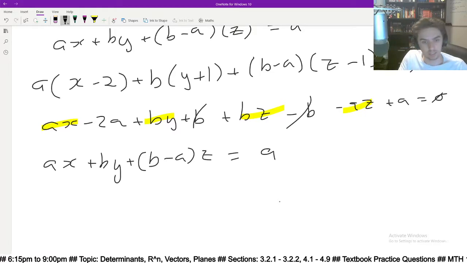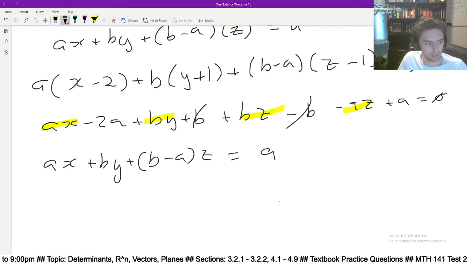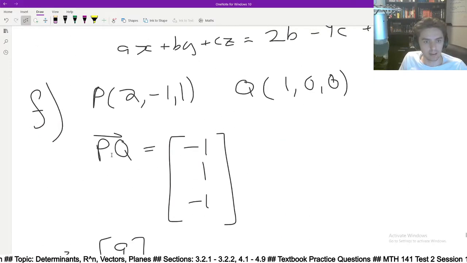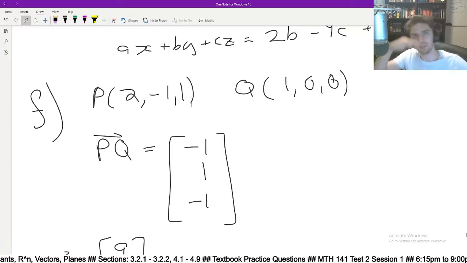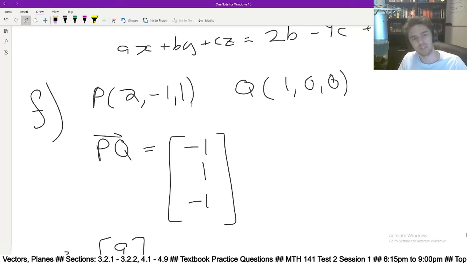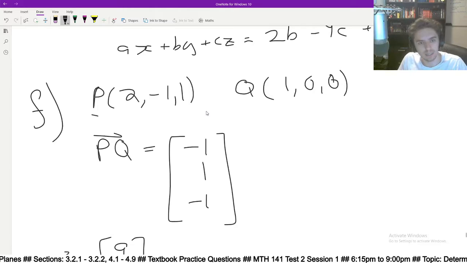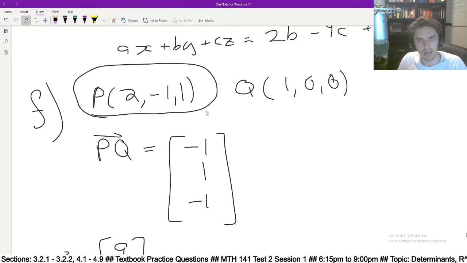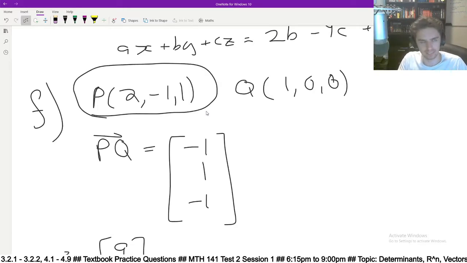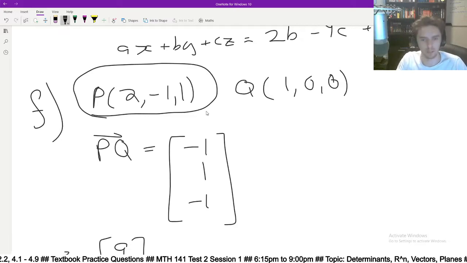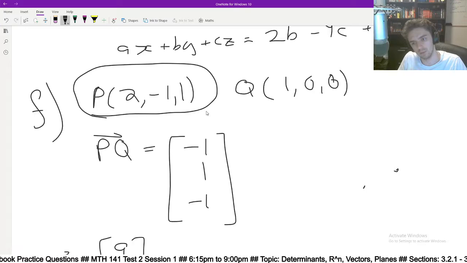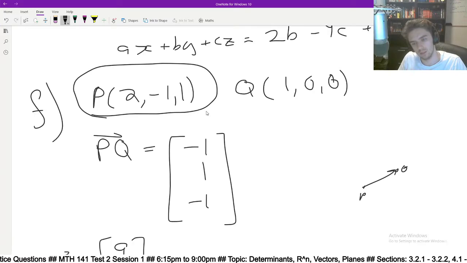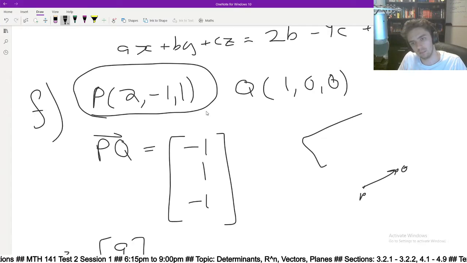Because it has the vector from P to Q, it must be going in the same direction as PQ. And since it has P, then it has PQ, that exact distance, which means it must have Q. If we don't include the point, then it could be like a plane up on top over here.